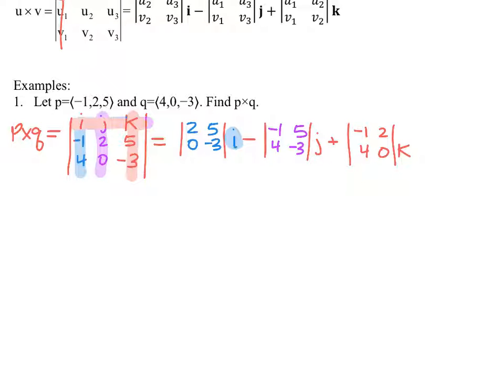All right, so we're looking for a determinant here. The vertical lines around a matrix mean we're looking for the value of the matrix. It's asking for the determinant.